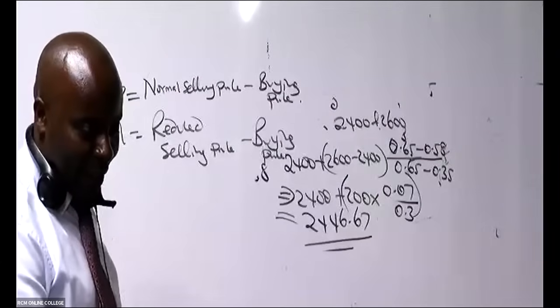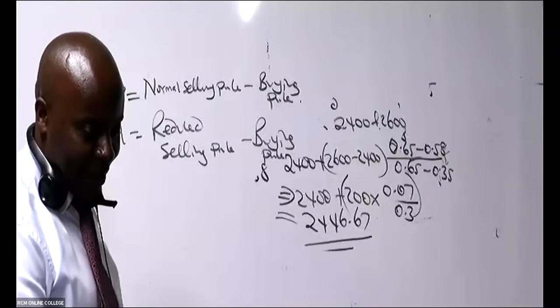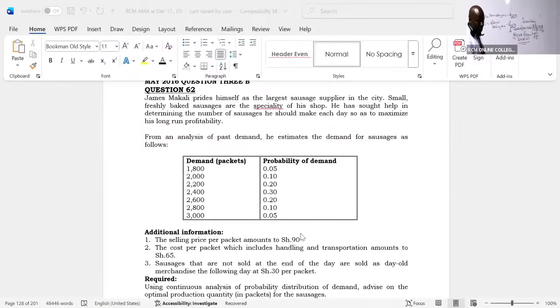Starting the question normally is the problem. So you can see the normal selling price there is 90. And of course, we had bought this for 65. That is how we got that profit of 25.